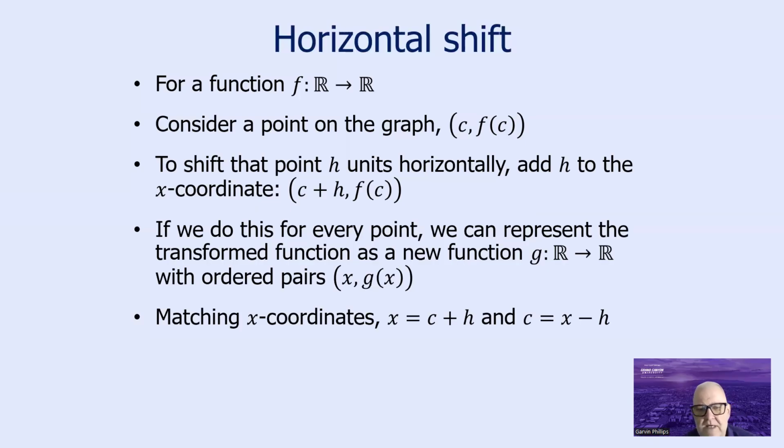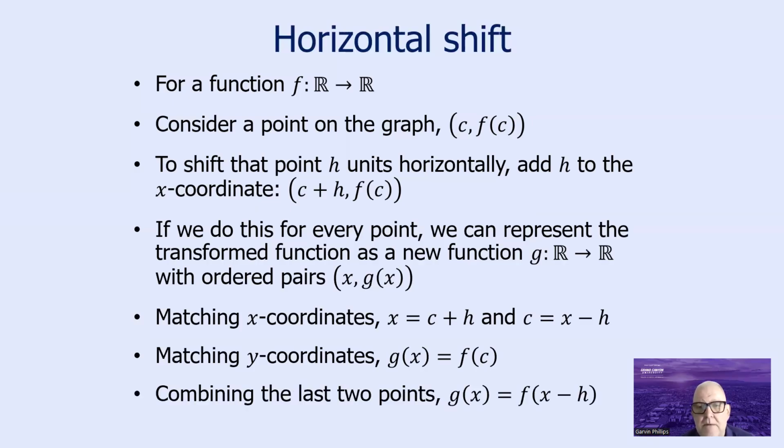Matching x coordinates, x would be equal to c plus h, or c would be equal to x minus h, depending on how you look at it. Matching y coordinates, g of x would be equal to f of c, so they'll be equal to each other. Combining these last two statements, we know that c is equal to x minus h, so we end up with g of x is equal to f of x minus h.